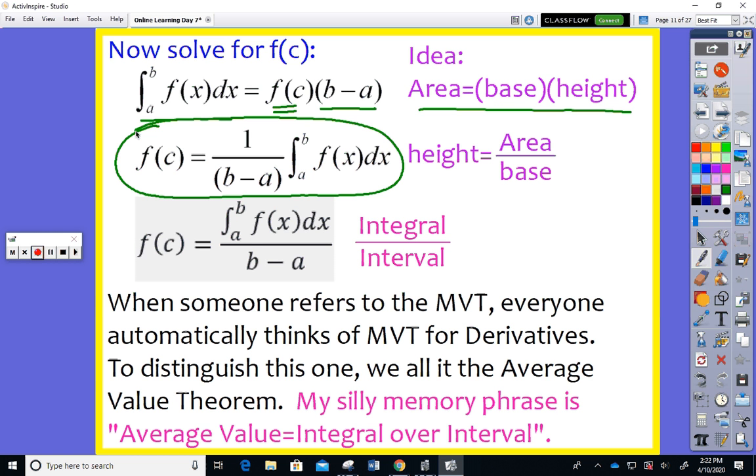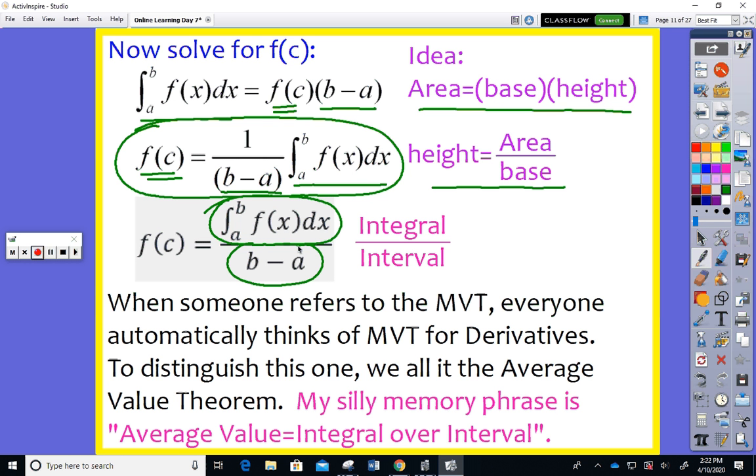This circled equation is telling you that height is equal to area divided by base. That's the idea of this f of c formula. Now, you can put it as 1 over b minus a times the integral, or you can make it integral over interval. And that is my goofball way of remembering average value.